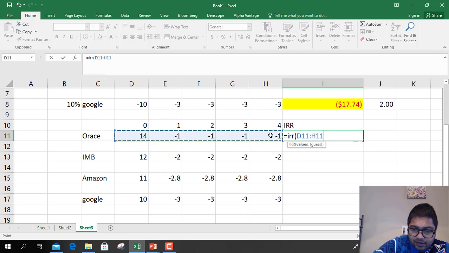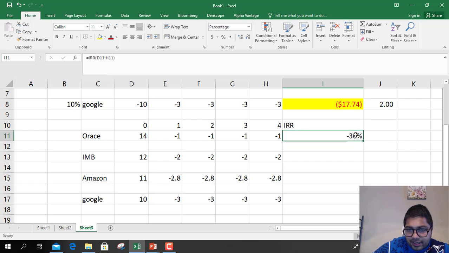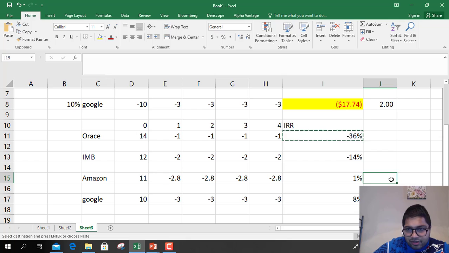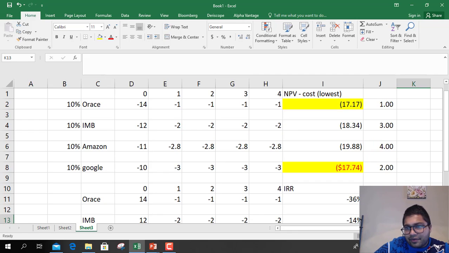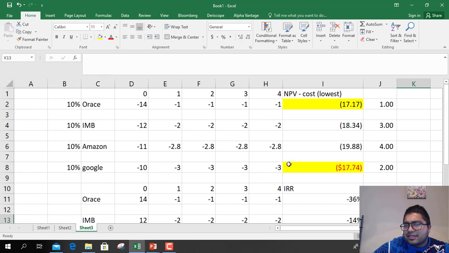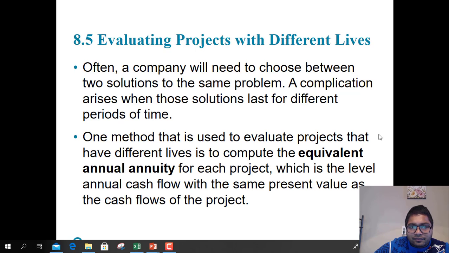So IRR for this is 36%, 14%, 1%, and 8%. So you would choose Amazon if you're looking at IRR, then you would choose Google, then you would choose, let's say, IBM, and then you will choose Oracle, which is completely different than NPV. So in such cases, it's better to go with NPV. Whenever costs are involved, just go with NPV.